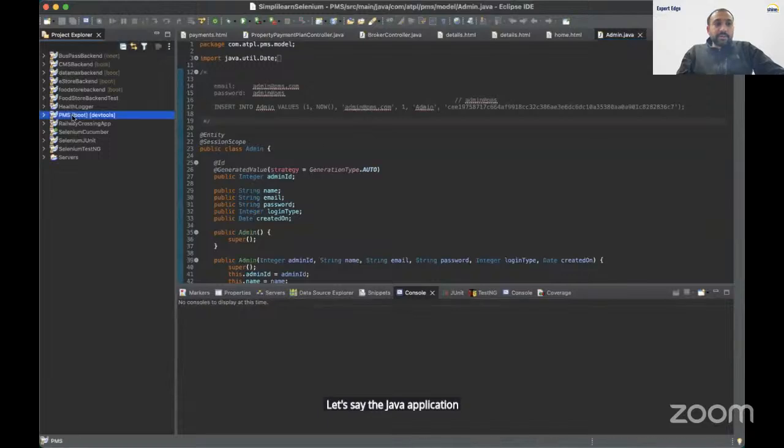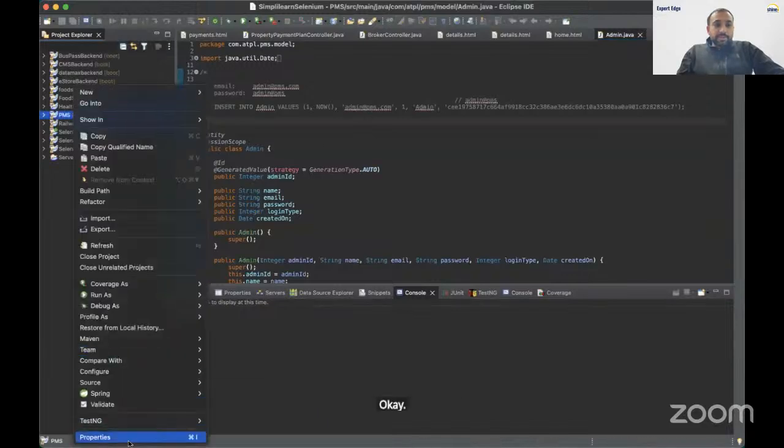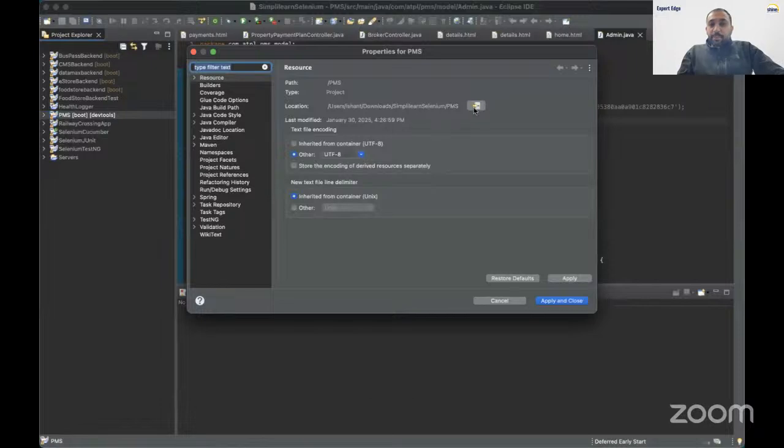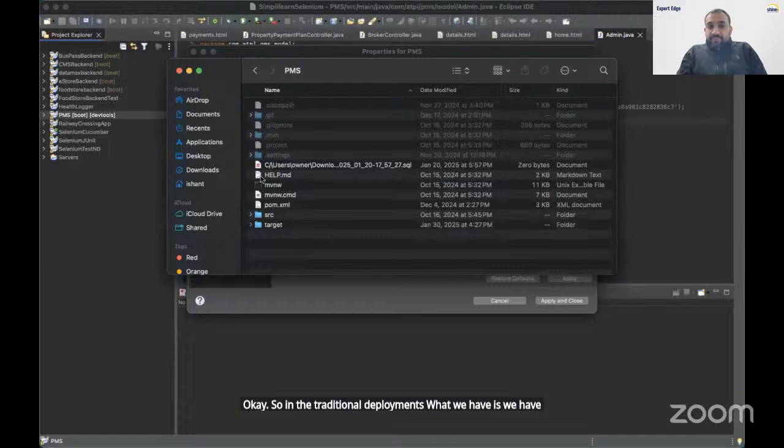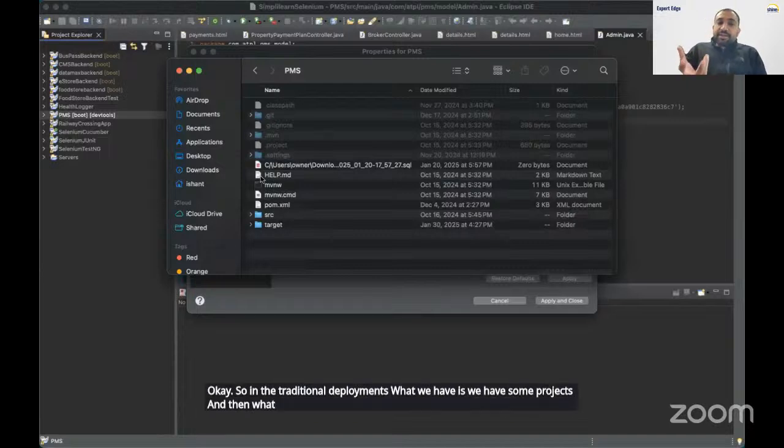In traditional deployments, we have some projects, and then we create a distribution build for these solutions.